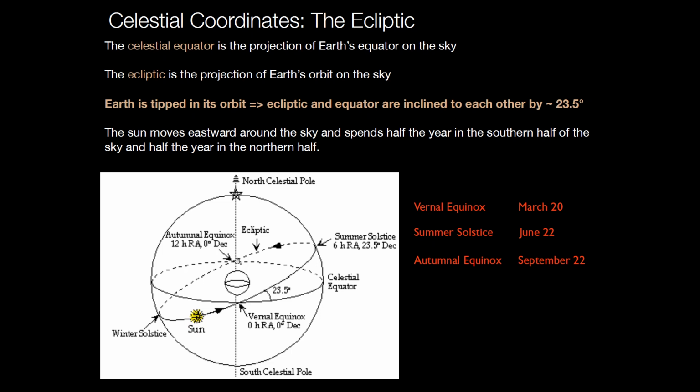And the coordinate of the Sun there would be 12 hours because we've gone halfway around the rotation and we're back at 0 declination again. And then we have the northern winter solstice, which is on December the 22nd. And the coordinate there would be 18 hours, so 3/4 of the way around, and minus 23.5 declination, given by the tilt of the Earth's axis.